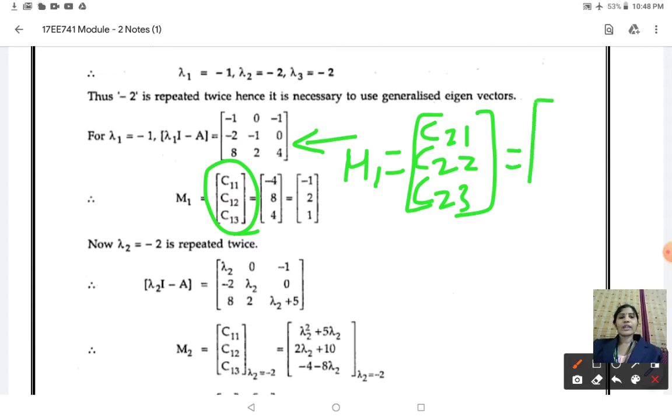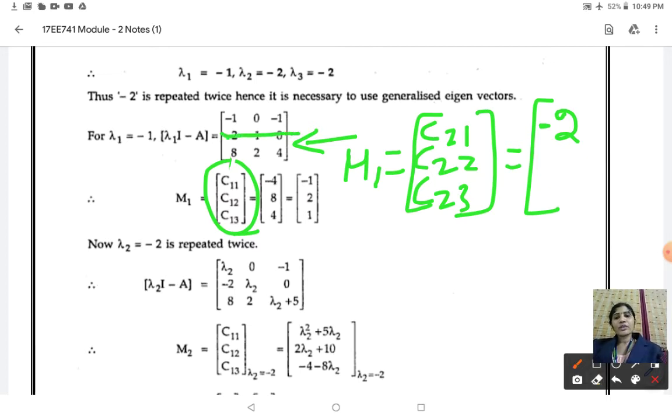So if you calculate like this, for second row, first column, if you remove it, you will get C21 equal to minus 2, because 0 minus of minus 2, and here you will be getting minus 1. So C21 is equal to minus 2. Next C22. C22 means second row, second column, you have to remove it.